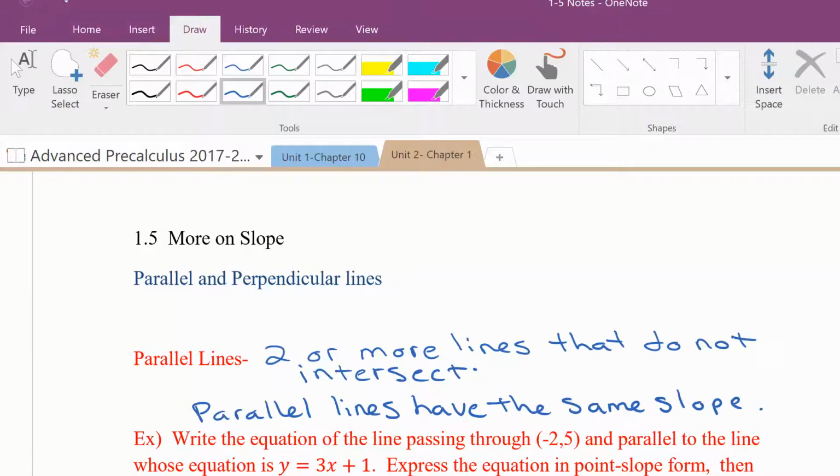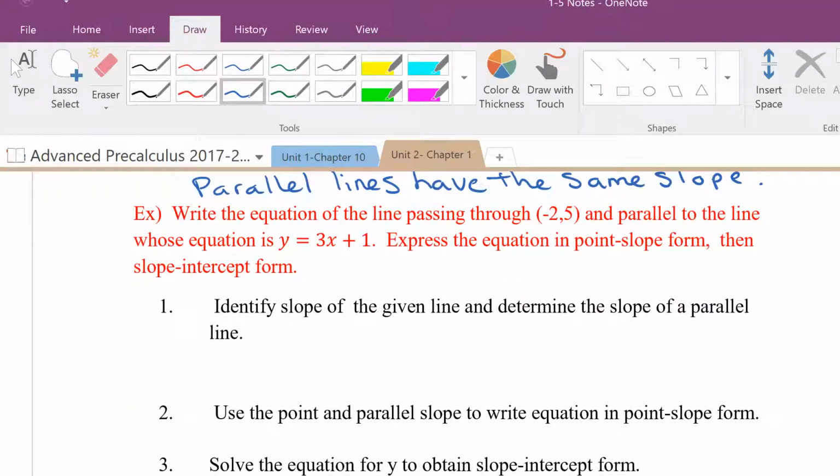So when we're doing these problems, where we're writing the equation of a line that passes through a certain point and is parallel to a line, the first thing we want to do is identify the slope of the given line. In this case, the slope of the given line is 3, and the parallel slope would also equal 3 since they're the same.